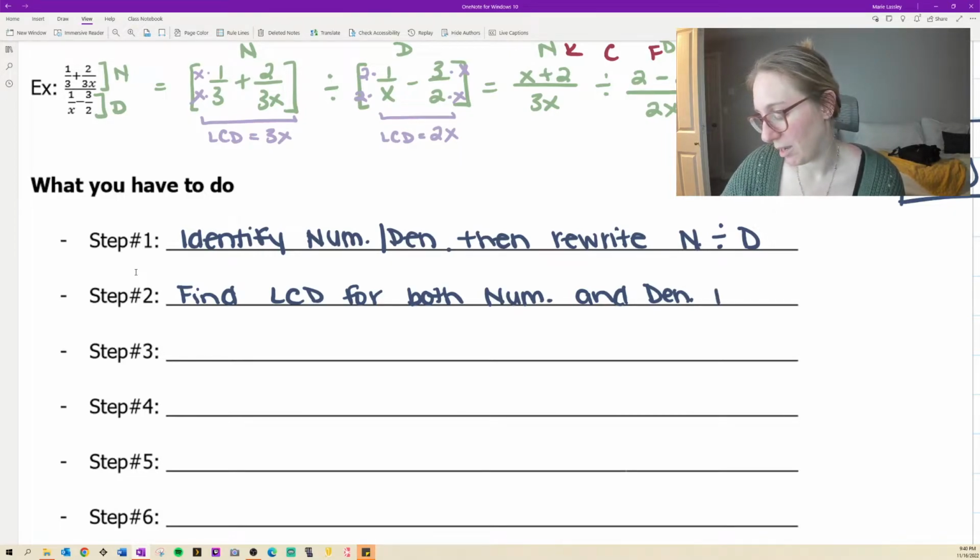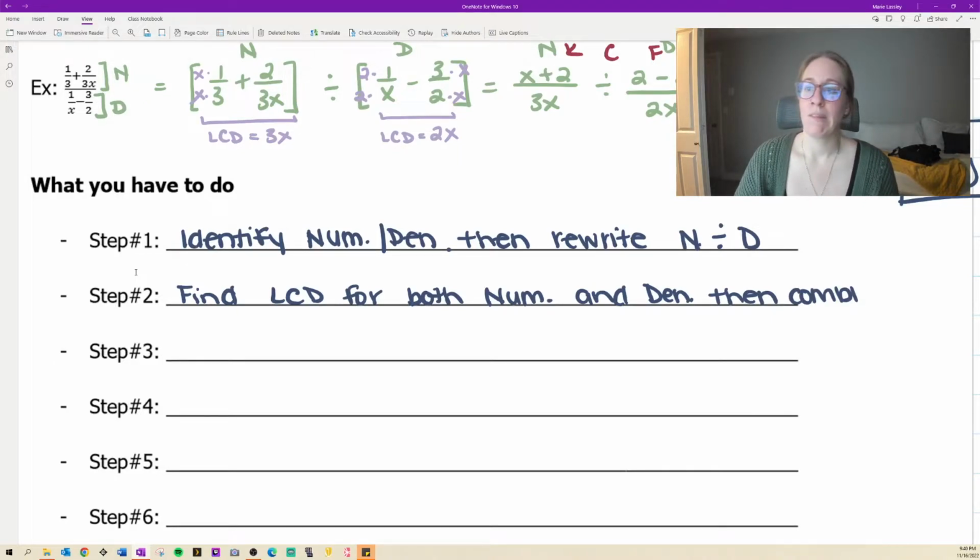So that next step was we found our least common denominator. This would be what's in purple up there. So we found our least common denominator for both the numerator and the denominator, and then we combined, so we made it into one term.